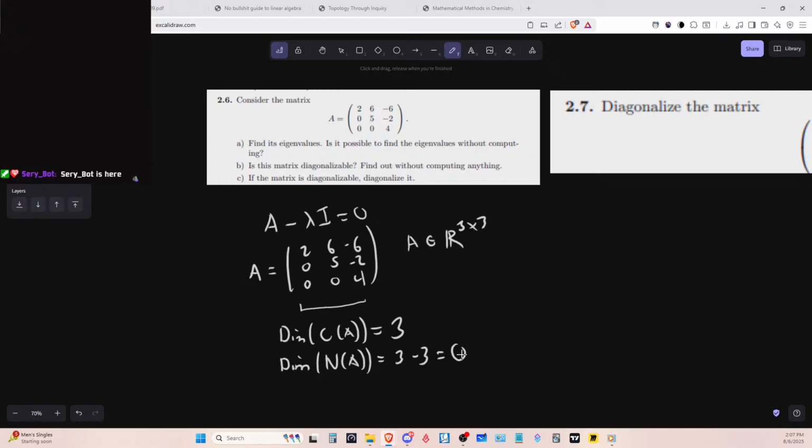The question is, how do we find the eigenvalues without calculating anything? Like without doing the algebra that we were doing last stream? And hopefully my mindset is correct on my ideas.